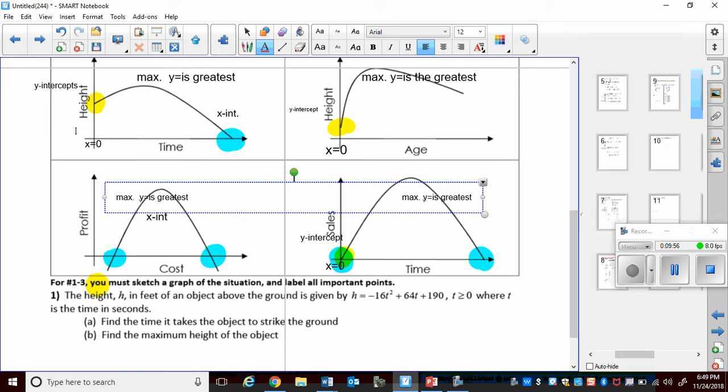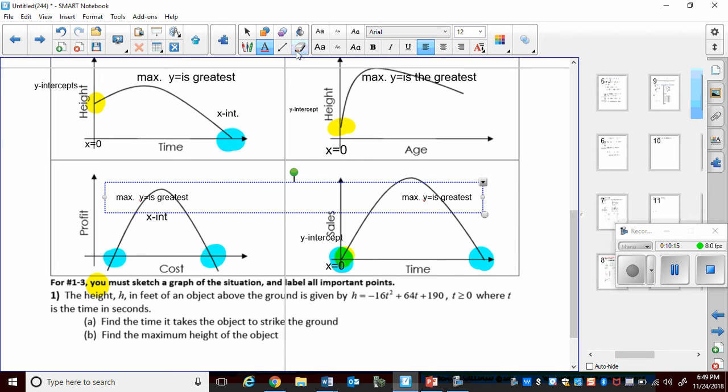Okay, now let's talk about when x is at its greatest. X is usually at its greatest at the x-intercepts. We don't usually talk about the least.